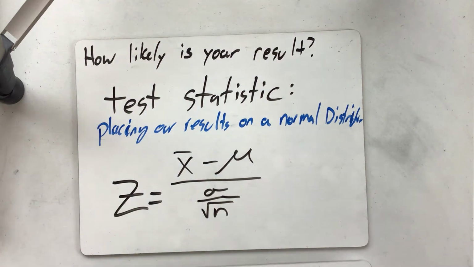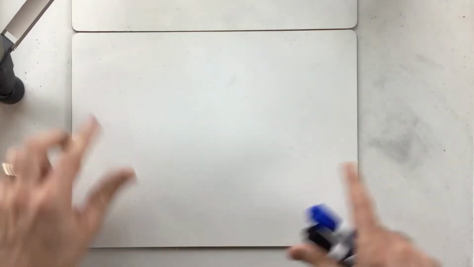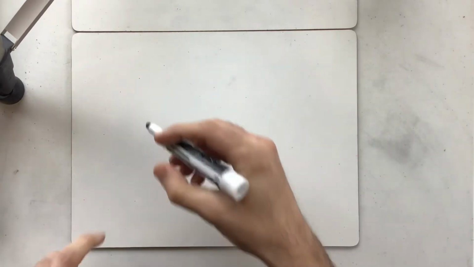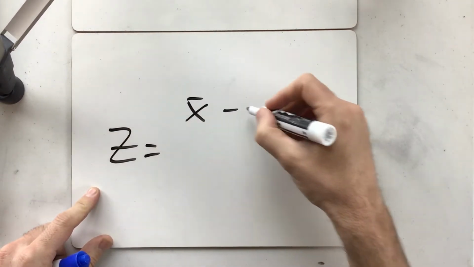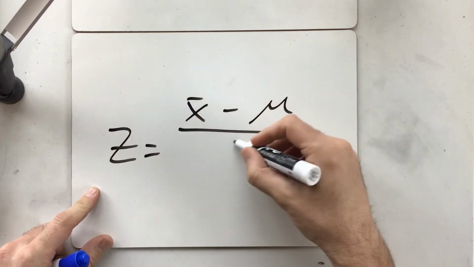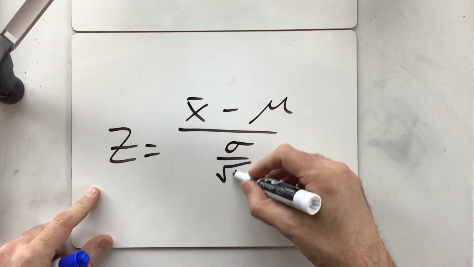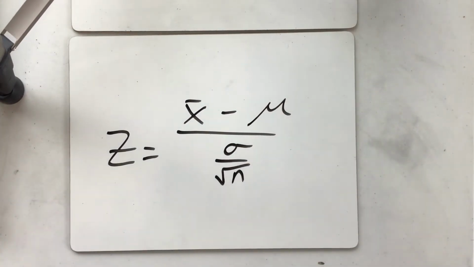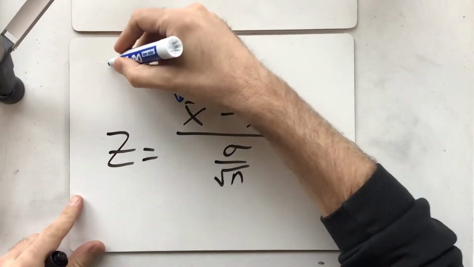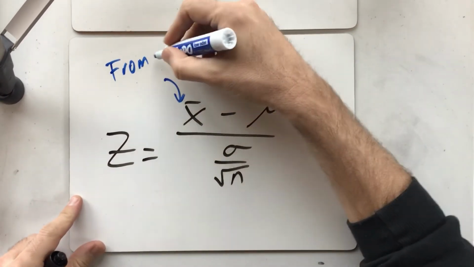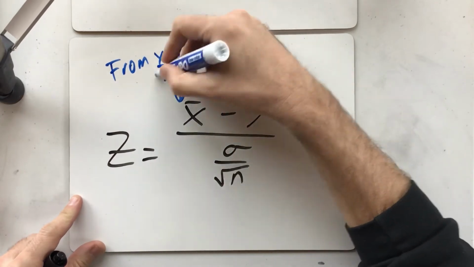So let me take that formula and talk about it just a little bit more. Divided by sigma over square root of n. This number, whatever this number is, is from your sample.